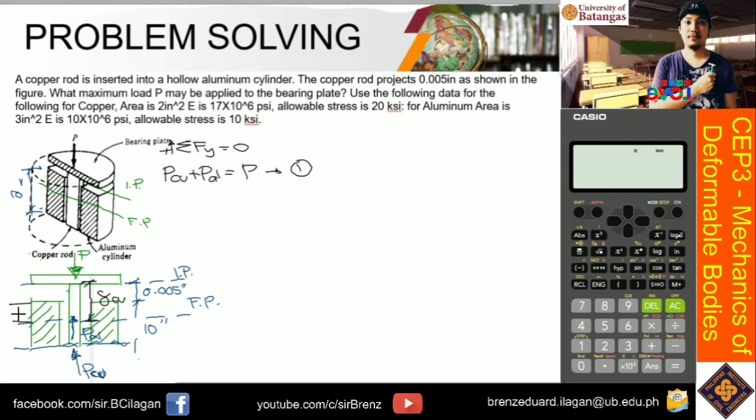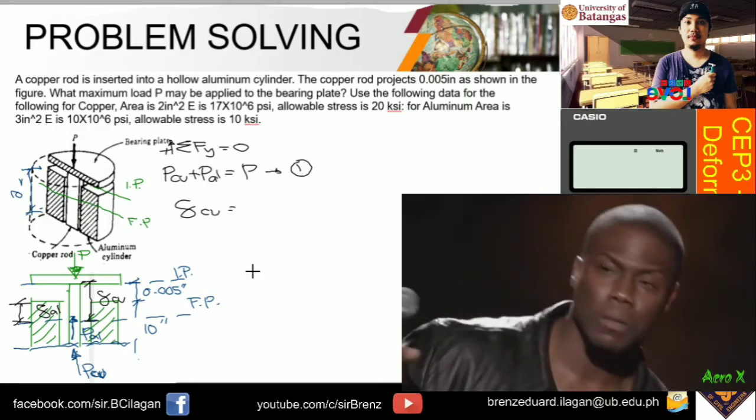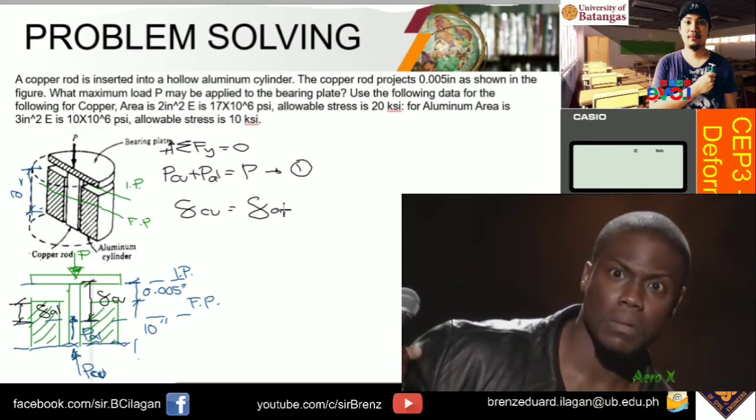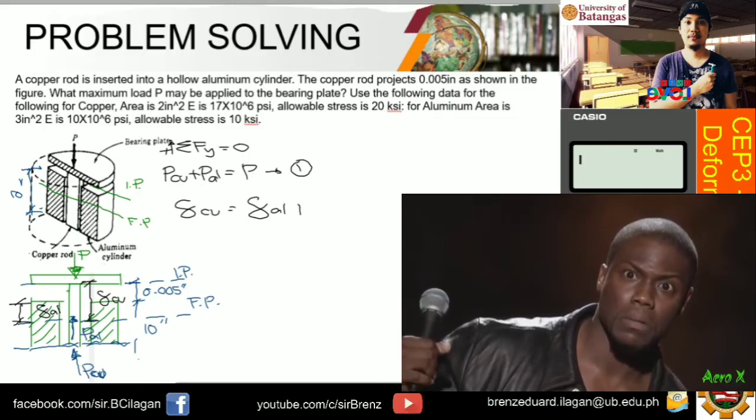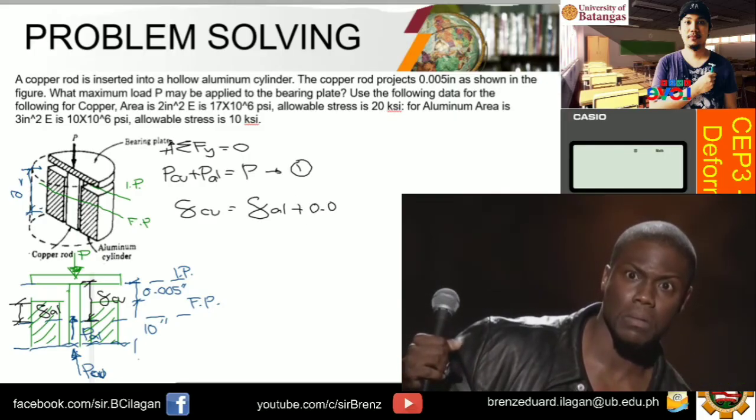Di ba ito lang? Ayan. So that will be the deformation of your aluminum. Okay, so knowing this, ano yung magiging equation natin? So the deformation of your copper is just equals to the deformation of aluminum plus 0.005.